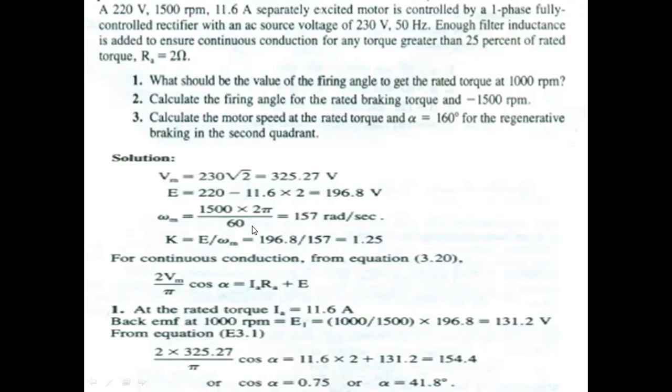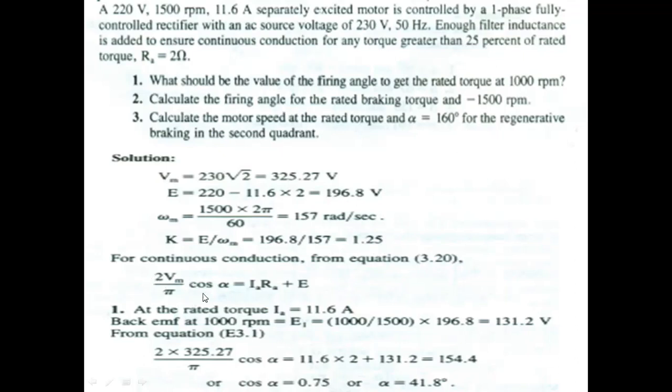So omega m is equal to 1500 into 2 pi by 60, which is 157 radians per second. And K is equal to E by omega m, as you know from previous sections. That is 196.8 divided by 157, which is 1.25.